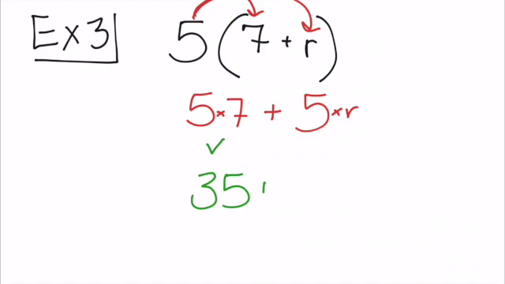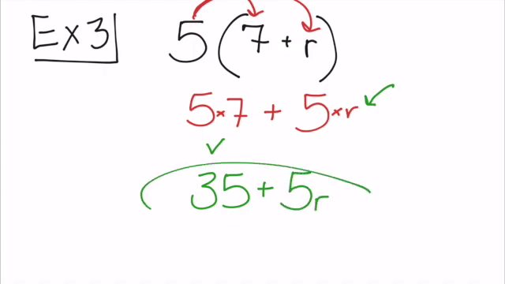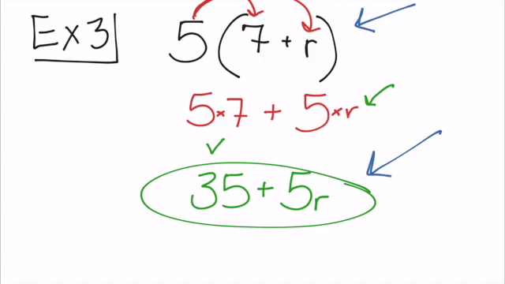I can bring down my plus sign. Nobody told me what number goes where the r is, so I don't care. So all I can do is rewrite it as 5 times r right next to each other. And I'm done. This expression, using the distributive property, turned into this expression. These two are equivalent. They will give you the same answer.